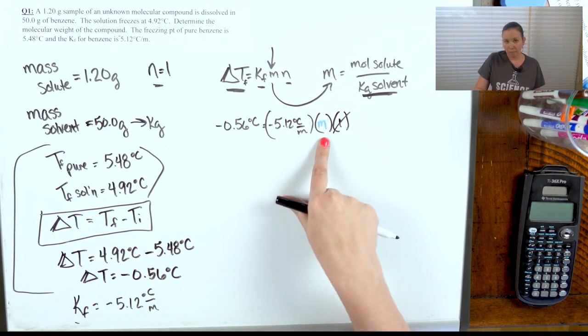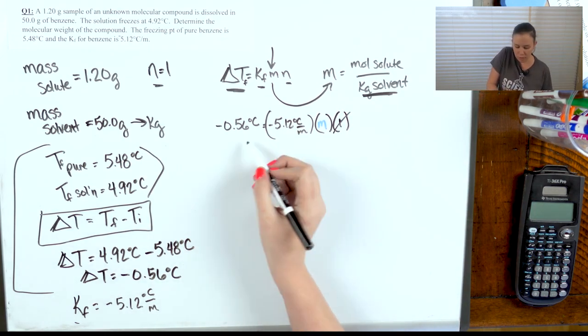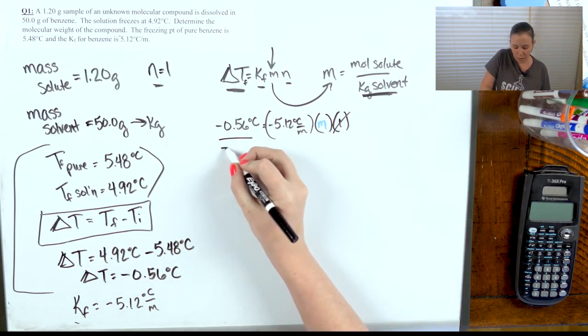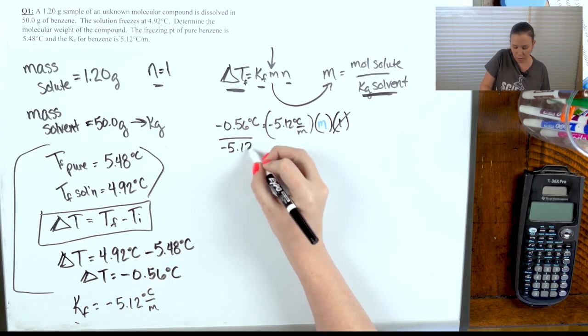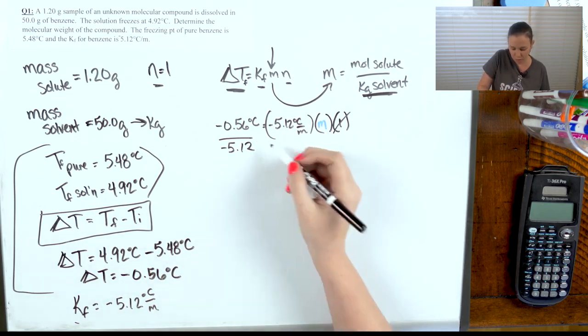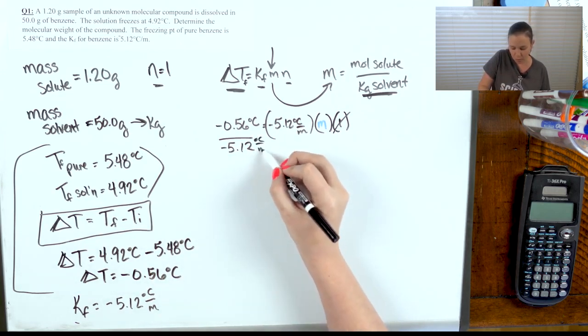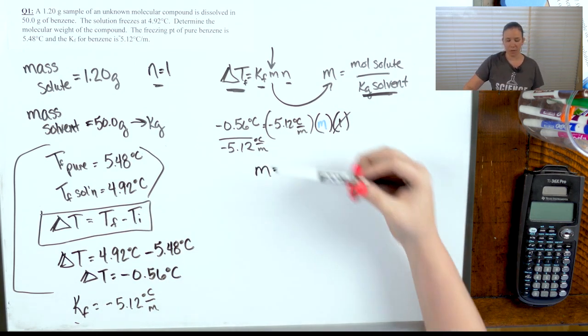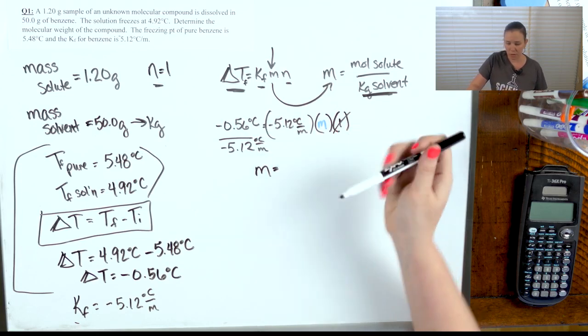So in order to isolate the variable molality, I'm going to need to divide the delta T of negative 0.56 by my K value of negative 5.12 degrees Celsius per molality. So what is my molality when I do this division here?